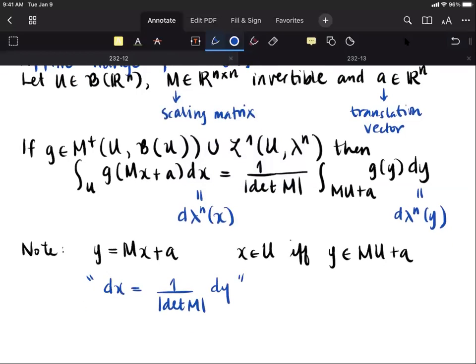So this is how the change of variables works in multiple dimensions.